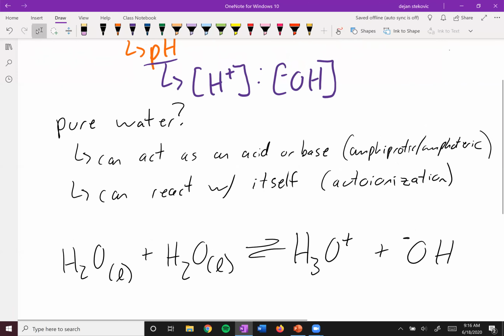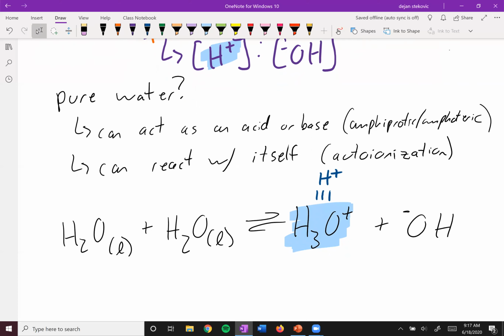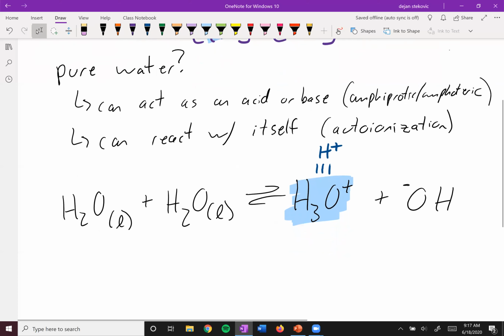One thing you should really understand and accept is that H plus and H3O plus are the same thing. When everyone says H plus, they mean H3O plus, assuming you're working in an aqueous solution. So in this course, H plus and H3O plus can essentially be used interchangeably because the vast majority of the time we're going to be talking about water.